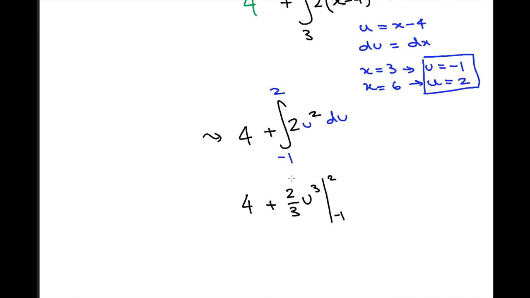Okay, so this piece, if we look at it separately, is going to come out to, if we plug in the 2, 2 cubed, which is 8. 8 times 2 is 16, so we have 16 over 3 minus, if we plug in -1, that's just going to be -2/3.